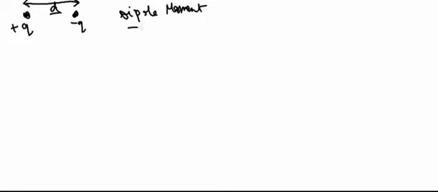Why the dipole moment is called a dipole moment, we'll come to shortly. But the basic thing is, dipole moment is defined as the product of q times d. So dipole moment is qd, and its strength is directly proportional to q as well as the distance between them.